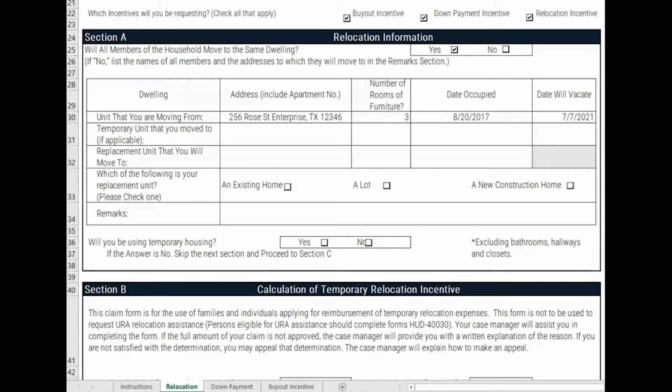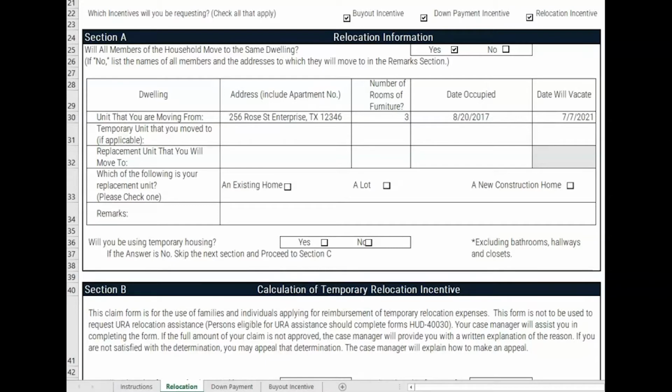You will notice in our example that Mr. Rodriguez and his family were forced to evacuate their buyout property at 123 Dulce Lane during the storm, and the property has since been uninhabitable. They have been living with Mr. Rodriguez's sisters at 256 Rose Street. Therefore, the address they input is where they are currently living and moving from.